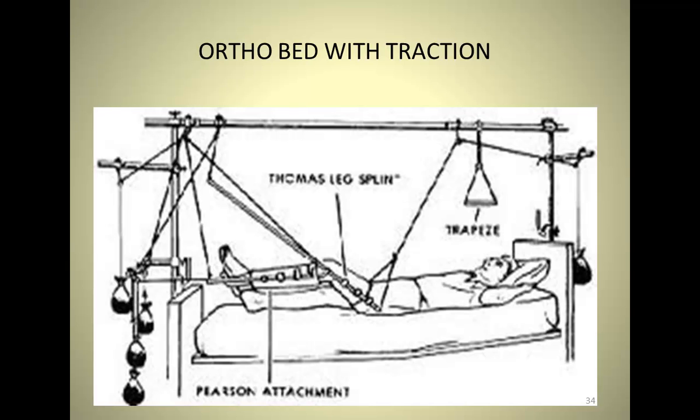So you've got two different weights set up here. You've got one at the top, and you've got one right here. So you've got it pulling in two different directions. You've got one behind your head. You see that pulling. Pearson attachment. This one almost looks like a boot.